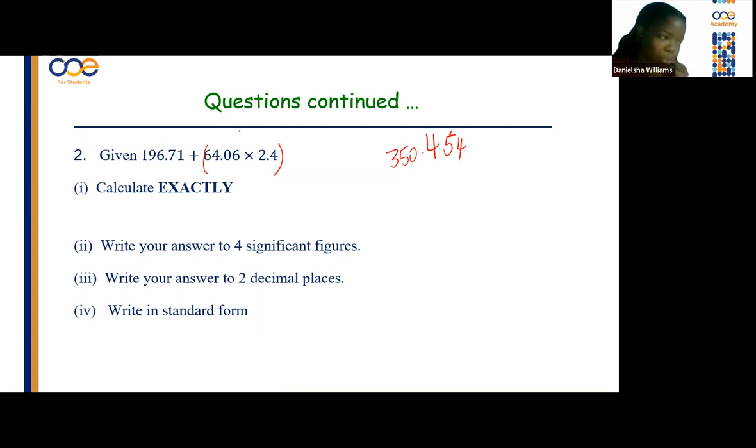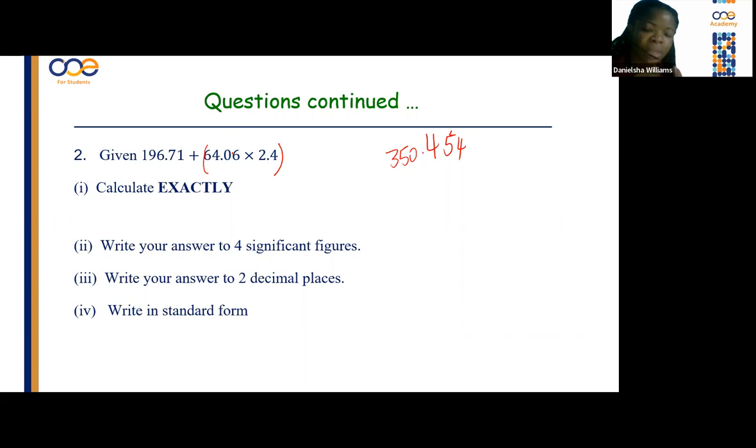If they're not programmed that way, you being the person inputting the information in the calculator, you have to be able to know how to use your brackets, as well as understand how your personal calculator functions. So when you do the bracket part first, then you're adding to it, 196.71. So thank you very much, Shantoya.